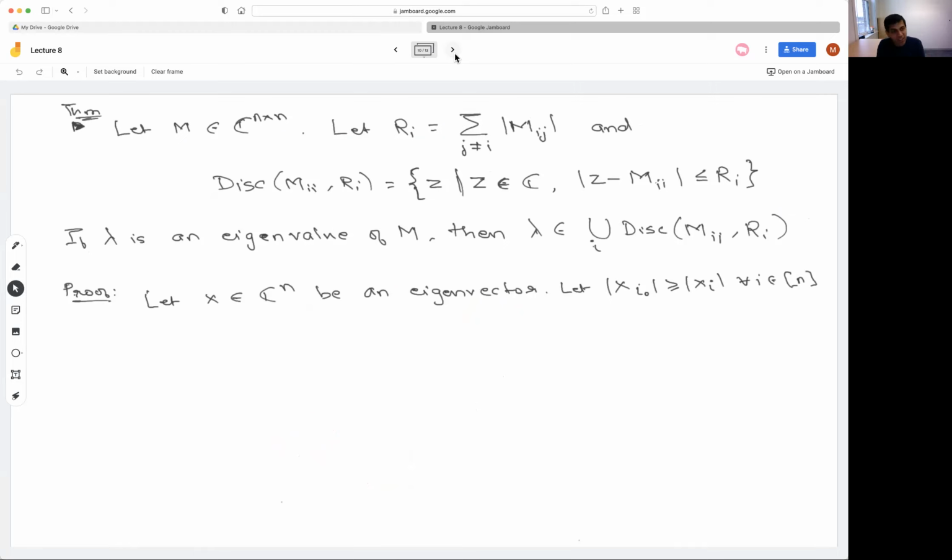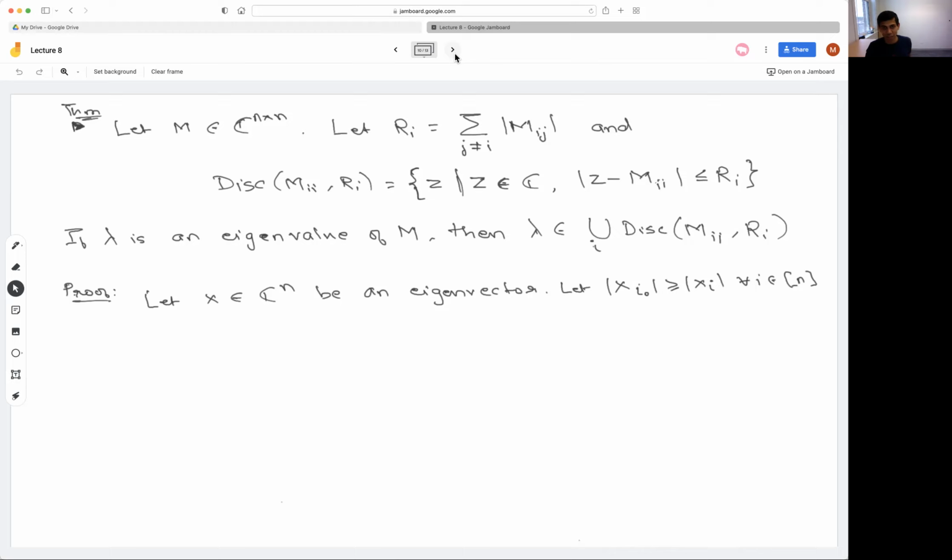what I was saying earlier, that if you have any matrix with complex entries, then let's define these n circles. So let's define a radius, which is just the sum of the moduli of the off-diagonal entries. So the ith radius is just the sum of the absolute values or moduli of all the entries m_ij which are not on the diagonal.